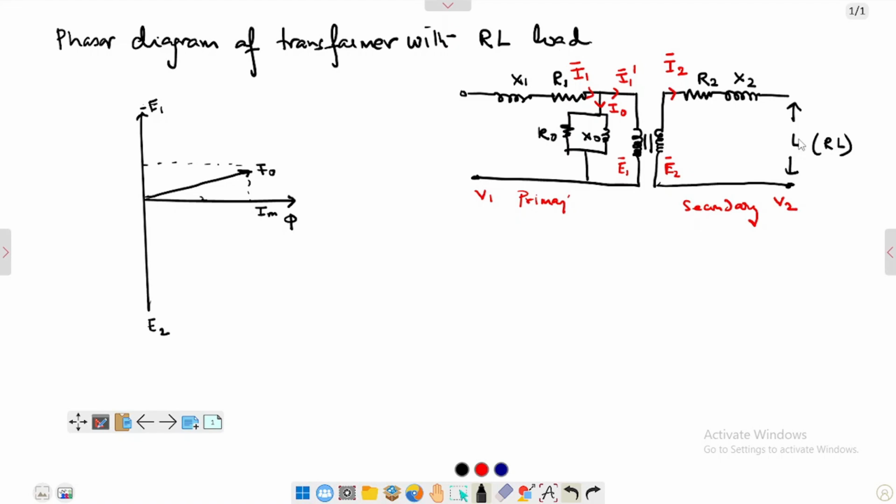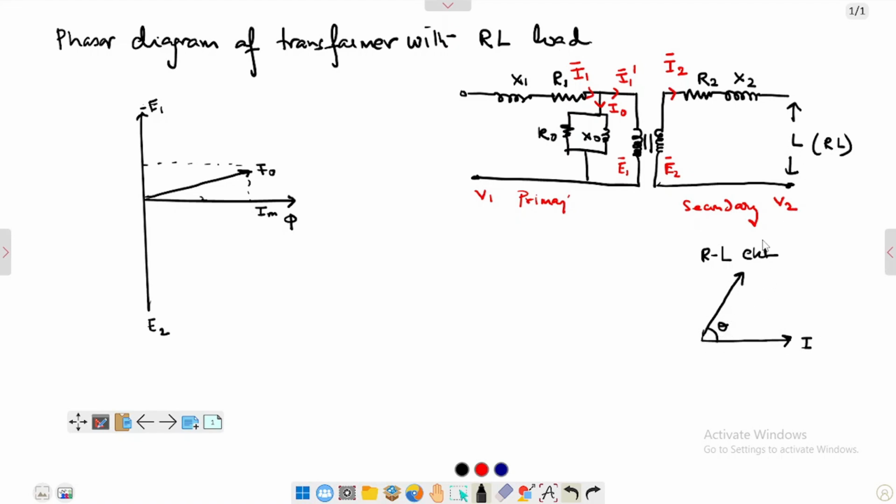You know that in case of an RL circuit, the voltage and the current have a phase difference. Always remember that the current lags behind voltage by a certain angle. I call this angle theta.